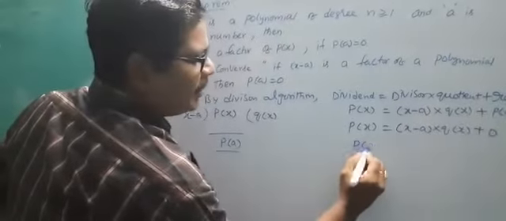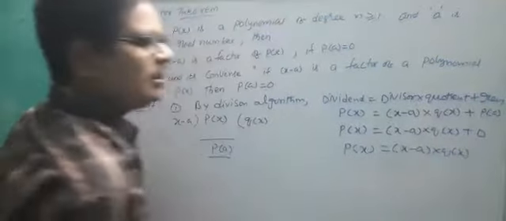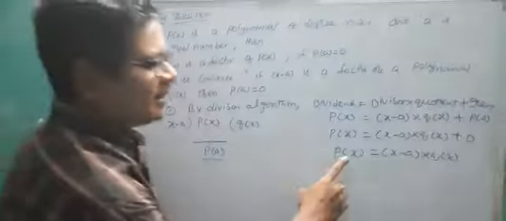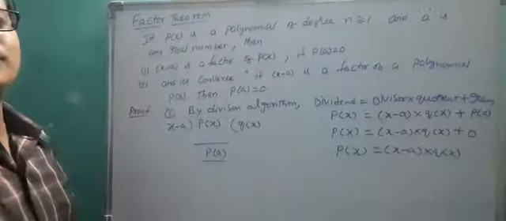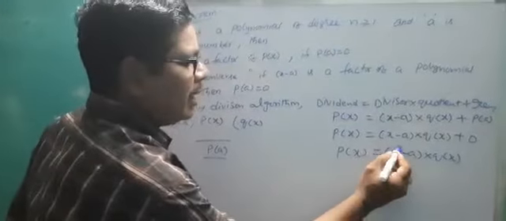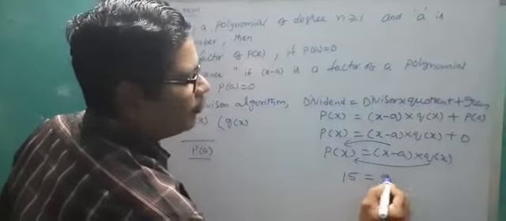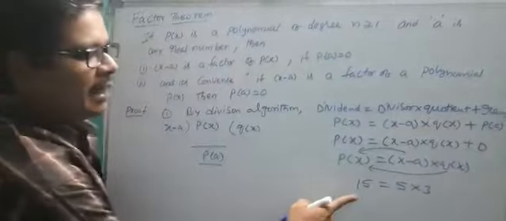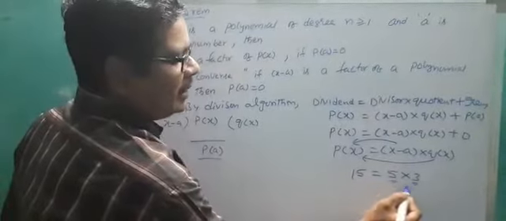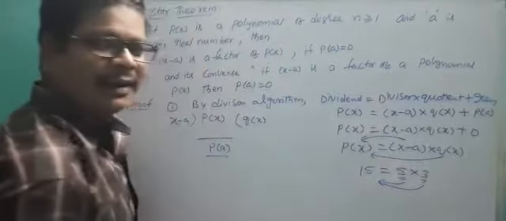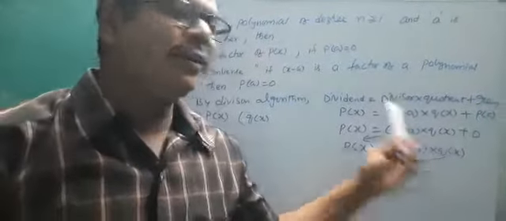So p of x can be expressed as a product of two factors. This is known as factorization. So p of x can be expressed as the product of two factors, x minus a into q of x. That means these two are factors of p of x. Just like 15 equals 5 into 3. 15 can be expressed as 5 into 3, so 5 and 3 are factors of 15, just as p of x can be expressed as x minus a into q of x.